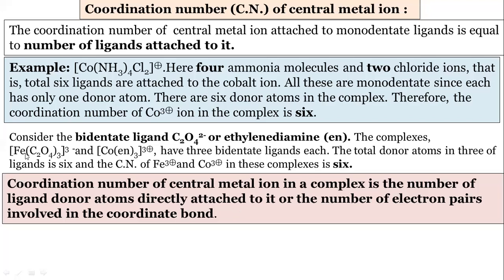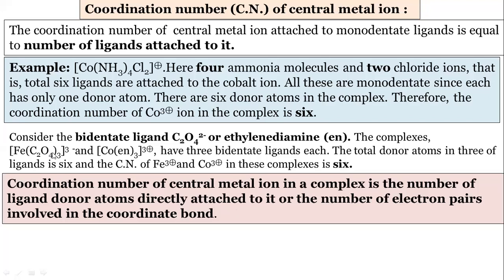See, I will explain this example. Consider Fe(C2O4)3 3 minus. In this complex, C2O4 is the oxalate ion, and oxalate is a bidentate ligand. How many oxalate ions are there? 3.